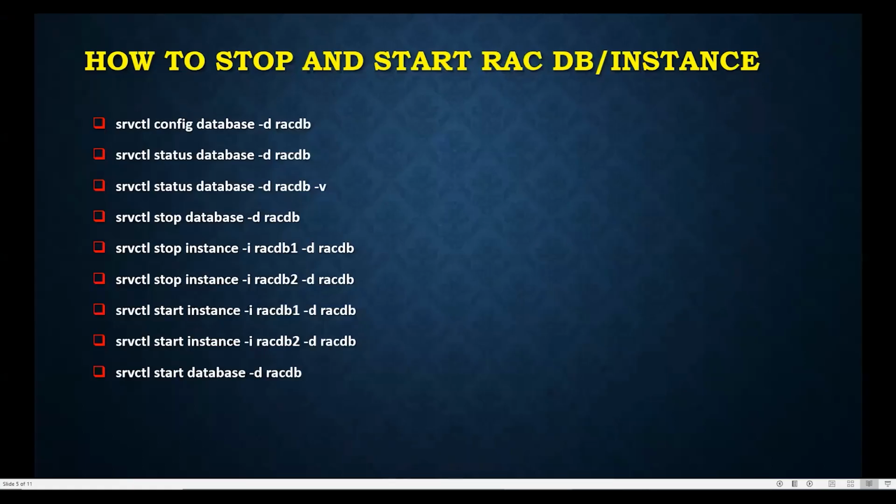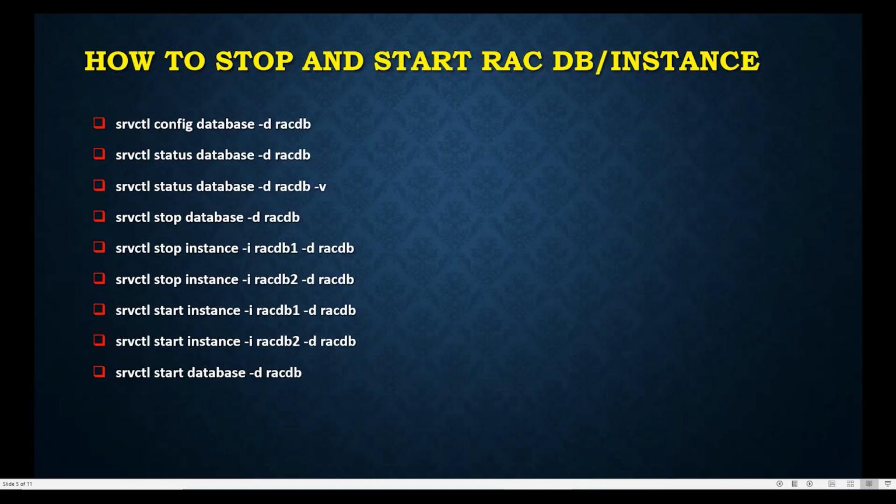Okay, moving to the next topic, that is how to stop and start the RAC database and instance. We have already seen how to stop and start the database, but now we are going to look at how to manage the instances. Sometimes we need to stop or start a particular instance only, rather than stopping the entire database.